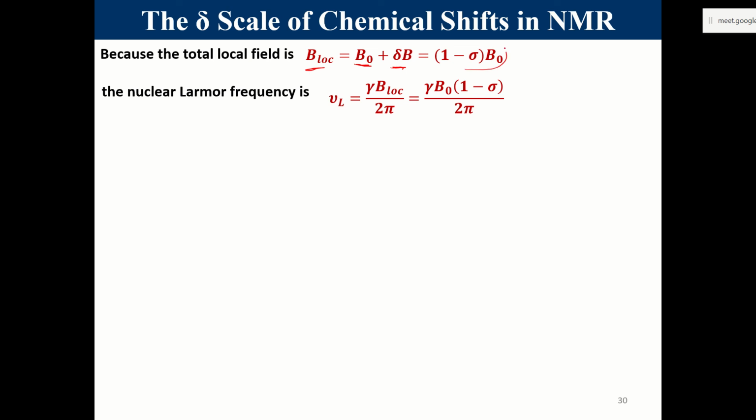It is negative if the electrons are circulating around the nucleus. So substituting it in, this is the actual field experienced by the nucleus.